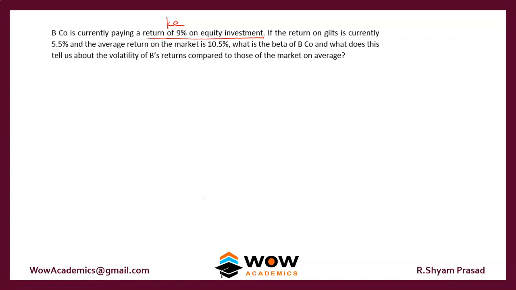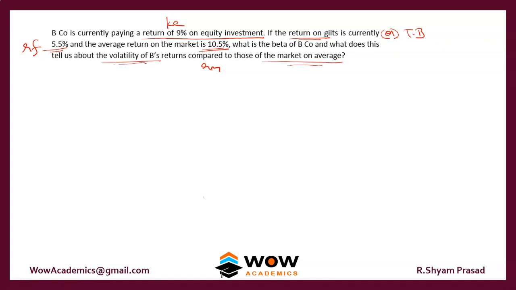If the return on gilts, gilt is also referred to as treasury bill, is 5.5, so this is the RF, and the average return on the market is 10%. So the return from the market is RM. What is the beta of BCO and what does this tell about the volatility of B's return compared to that of the market on average?